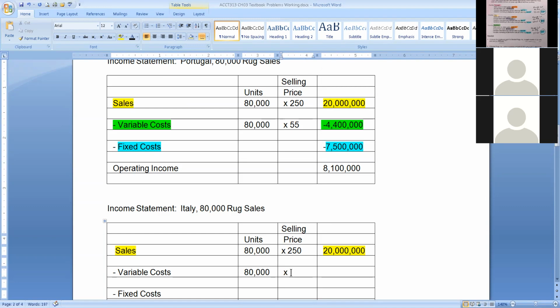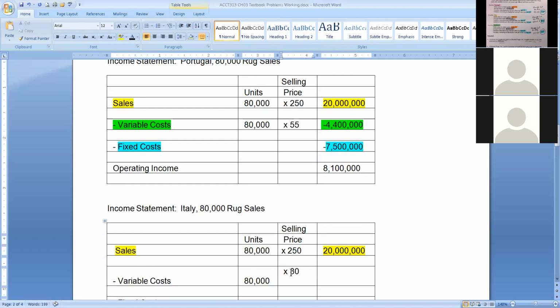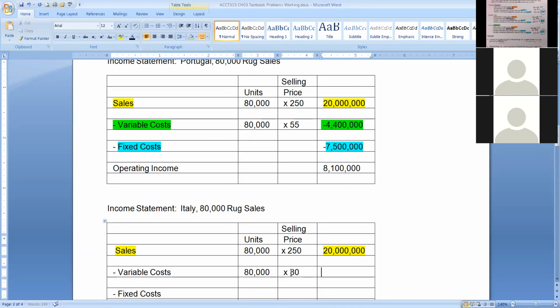Okay, so it's what, $80? Sorry, kind of fumbling around here. 80,000. $6,400,000.